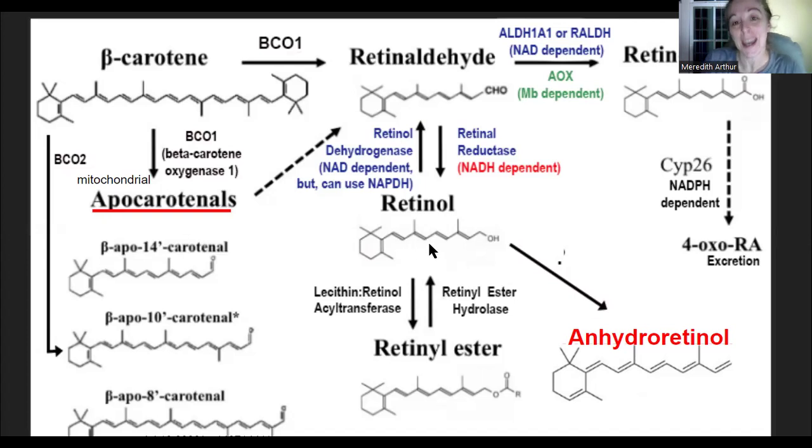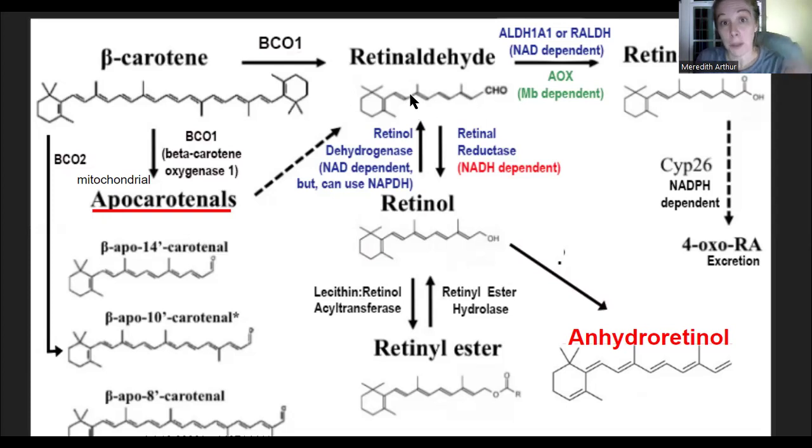So if you need to metabolize retinol to another form that's used in the body, there's enzymes that do this, and they're NAD dependent. But also you can use NADPH too. But basically, you require a cofactor to be able to go from retinol to retinol aldehyde. And retinol aldehyde is the form that we typically know we use in our eyes to perform the visual cascade.